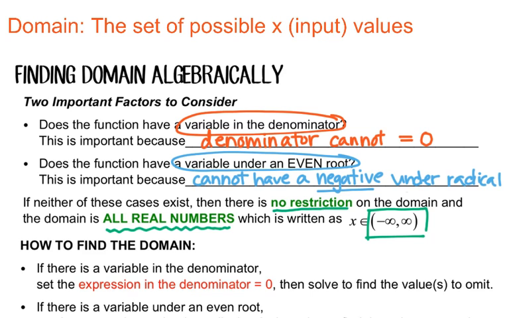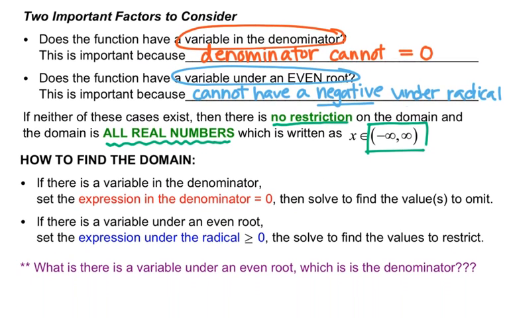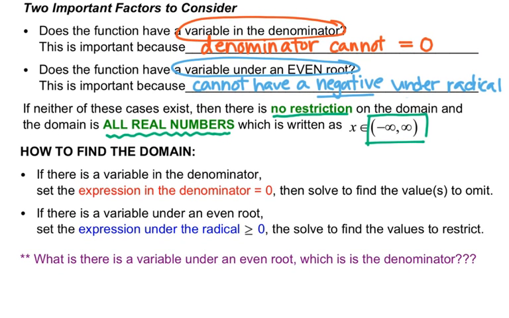So now that we know our two important rules that we need to consider, let's talk about how we would find the domain. Well, if there is a variable living in the denominator, the bottom of a fraction, then what we need to do is take whatever that expression is, which is in the denominator, set it equal to 0, and then solve to find the values we need to omit.